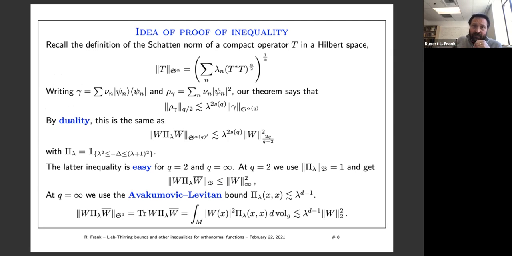I need the notion of the Schatten norm of a compact operator. That's a measure of compactness. And how is that defined? Well, out of a compact operator T, you form a self-adjoint compact operator, T star T. This has eigenvalues, and then you take the alpha over 2 norm of that, or, well, the square of that norm.